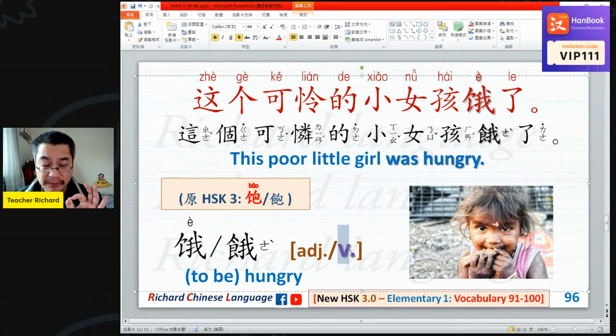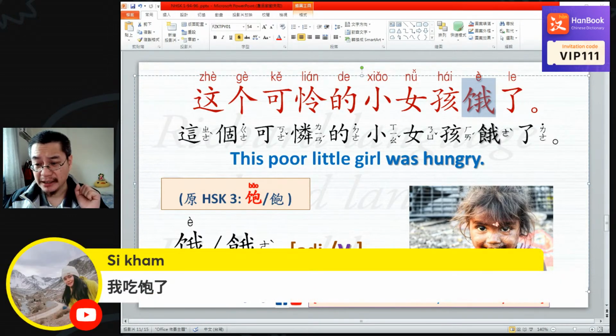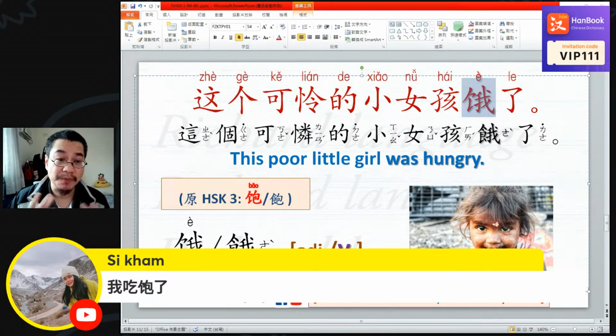饿 as a verb, you need 了 after it. 我饿了。And what about the antonym? You can say 我吃饱了 or 我饱了.